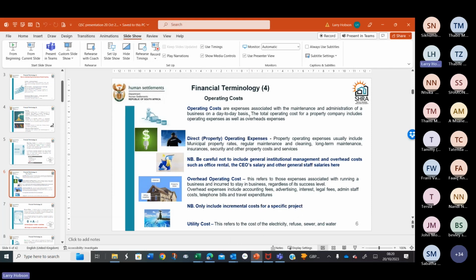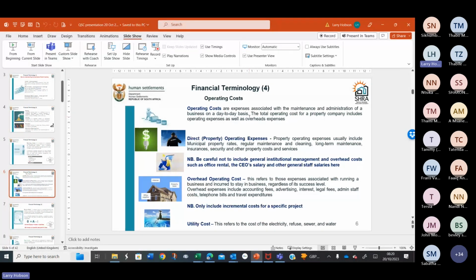Right, so what are operating costs? Those are expenses associated with the maintenance and administration of a business on a day-to-day basis. For a property company, these will be things like utilities. Security is a big factor in social housing.